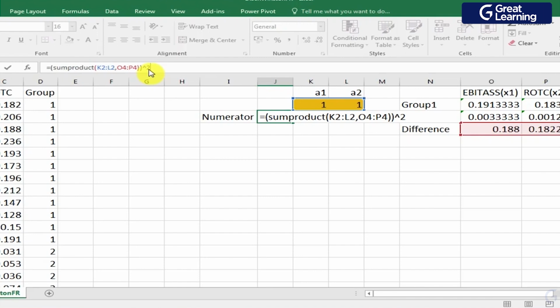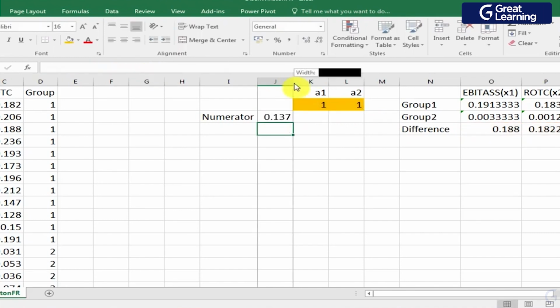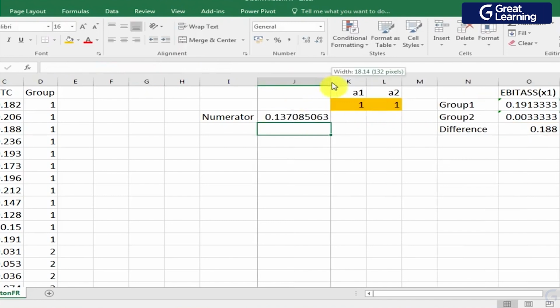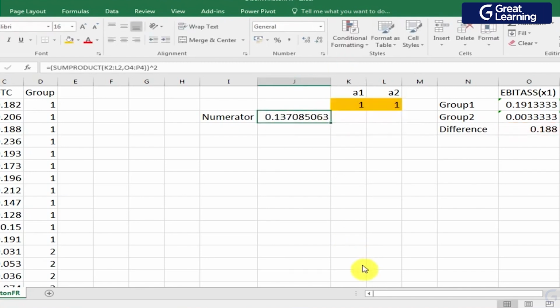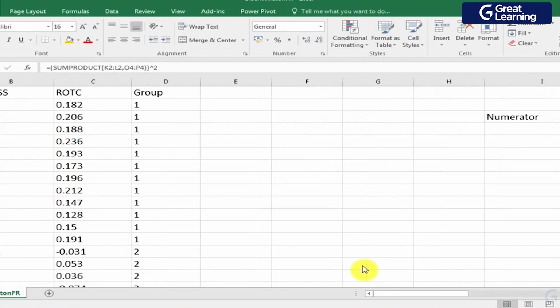That is the overall scheme of things. Sum product, let me show you this here so that you can correctly see.